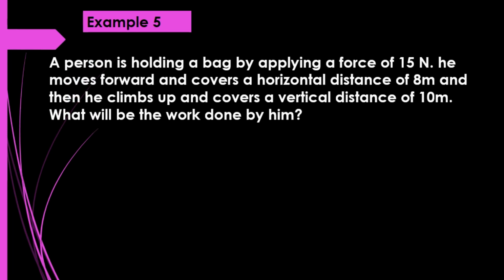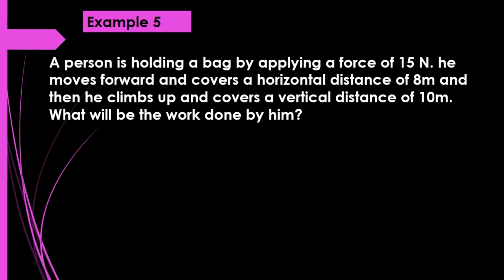Now let's solve another question. A person is holding a bike by applying a force of 15 Newton. He moves forward and covers a horizontal distance of 8 meter, and then he climbs up and covers a vertical distance of 10 meter. What will be the work done by him?